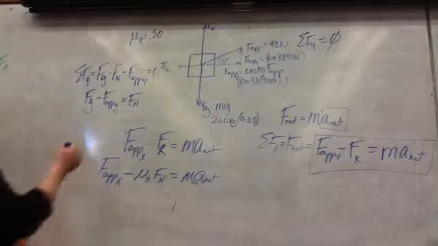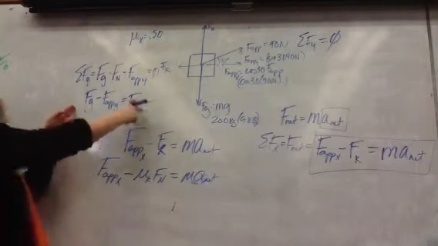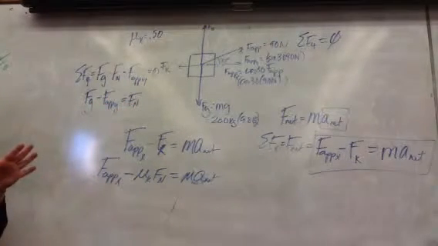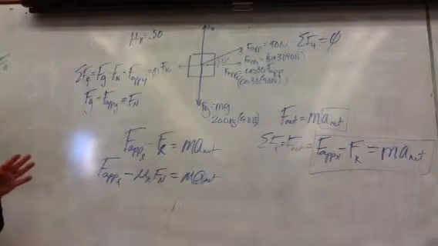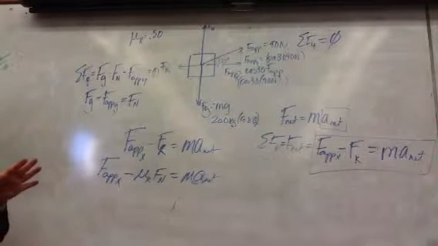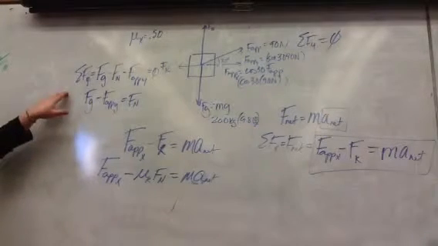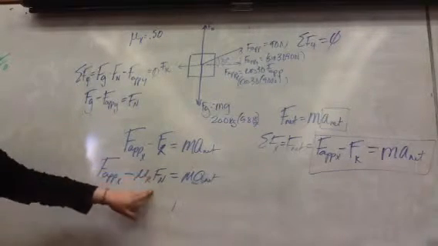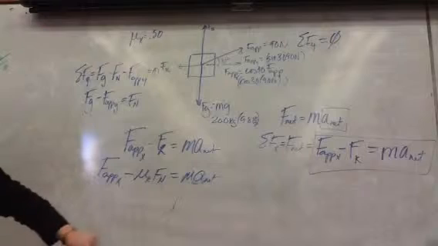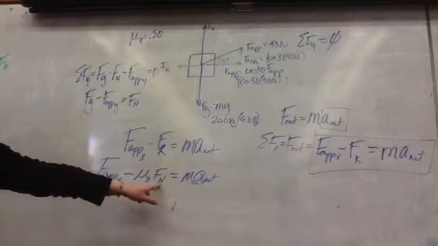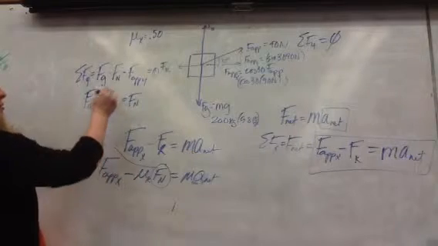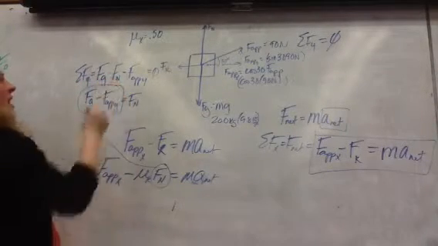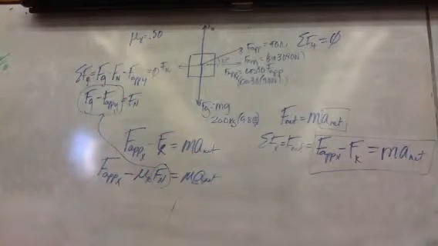Is that logical? Everybody's okay with this? You want to follow each step carefully. So we created this expression for F sub k, the force of kinetic friction. We need an expression for F sub n, our normal force, and we get it from our sum of forces on the y.